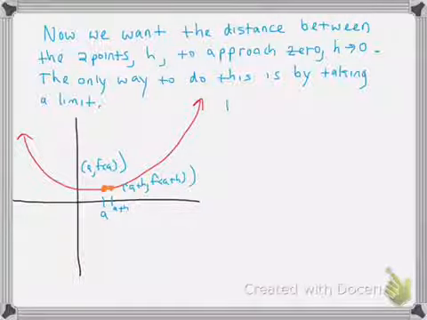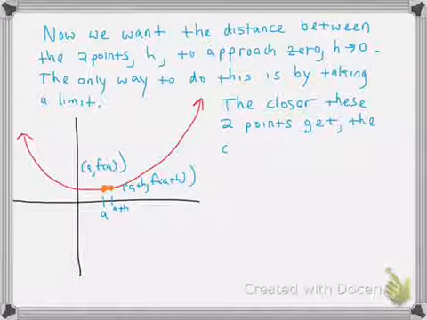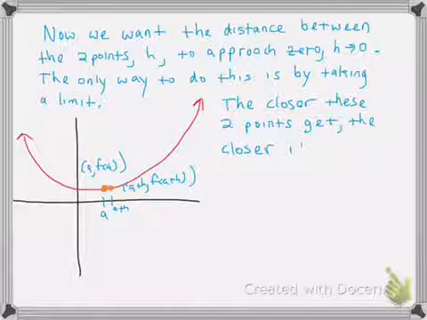So you can see that all I did was close the distance. So my secant line is getting closer and closer and closer to a tangent line. That's how we're taking a secant line and turning it into a tangent. The closer these 2 points get, the closer it gets to becoming a tangent line.